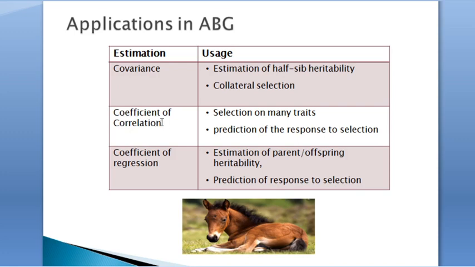The coefficient of correlation is used for the selection on many traits at the same time, and also for the prediction of the response to selection, especially when more than one trait is considered. The coefficient of regression is used for the estimate of parent-offspring heritability and also for the prediction of the response to selection.